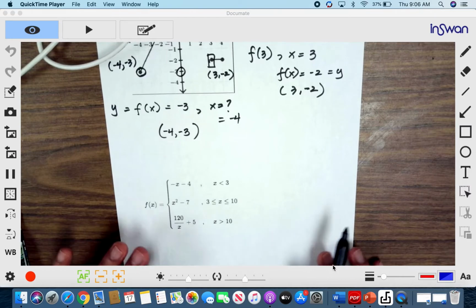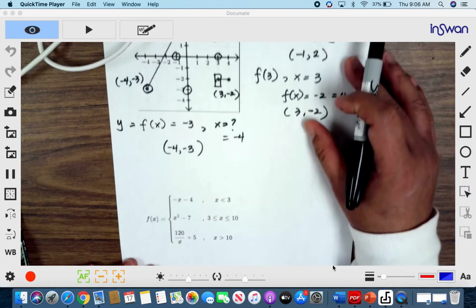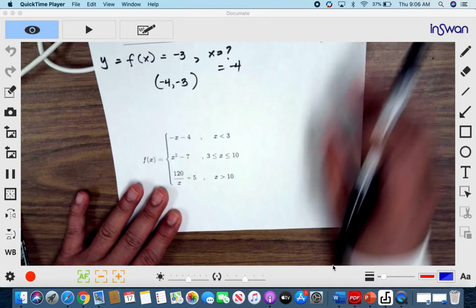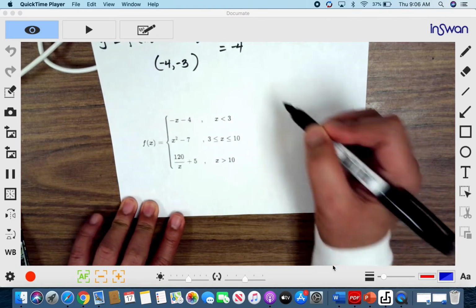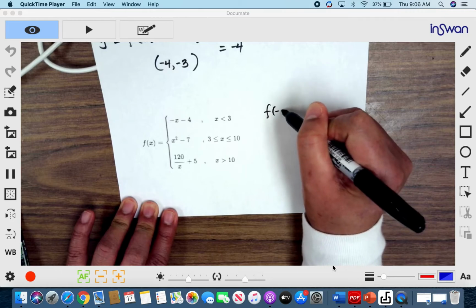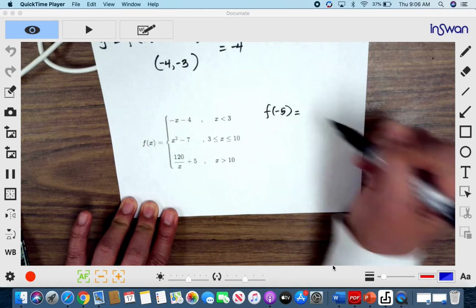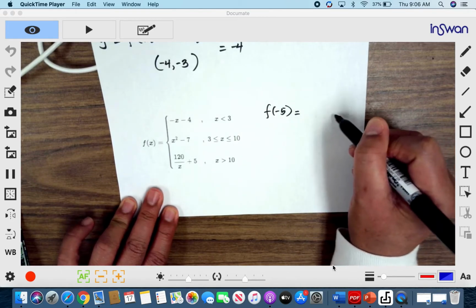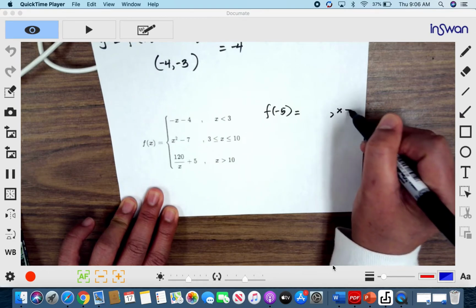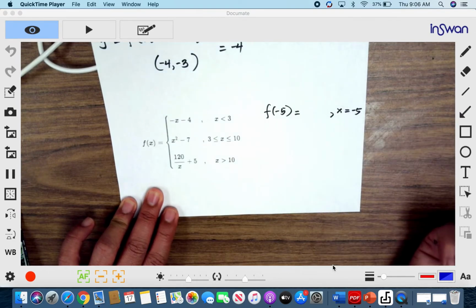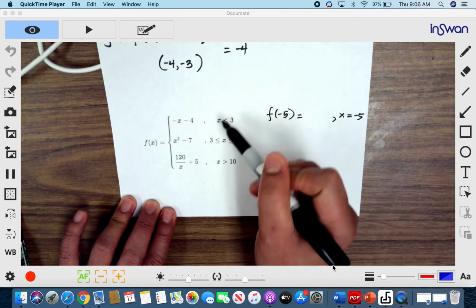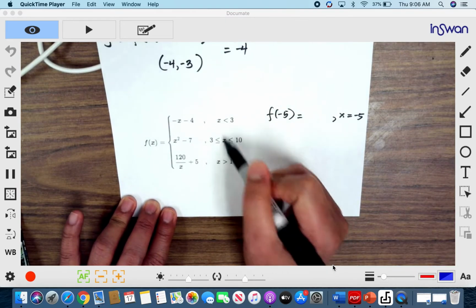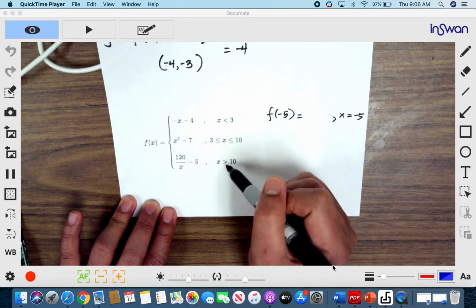Now, we will evaluate using the equation. Let's say you have this equation and you're asked to evaluate f of -5. This means that your x is -5 and you are trying to find the value of y where your graph will be hit. The first thing you do is look at your conditions. These are part of the equations but not part of the solutions.